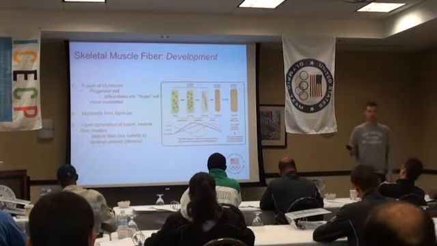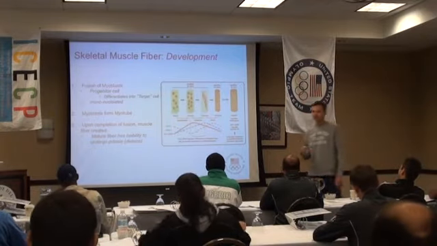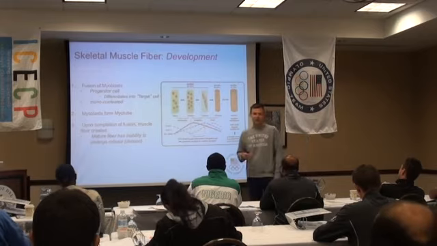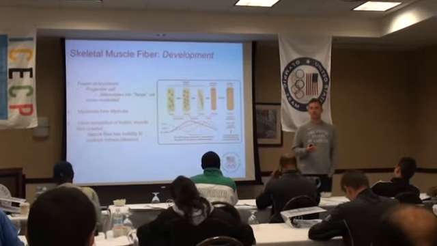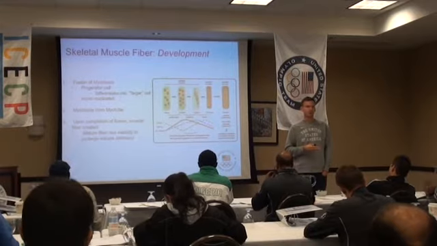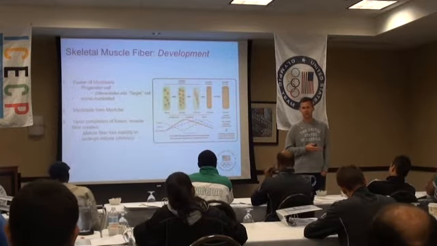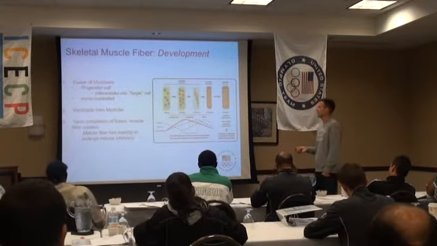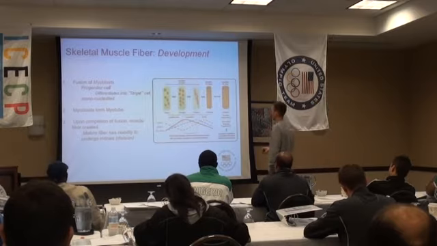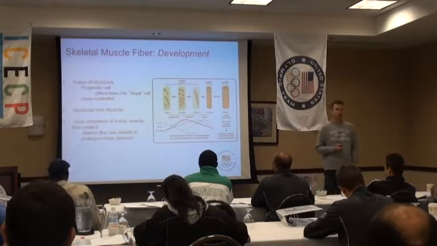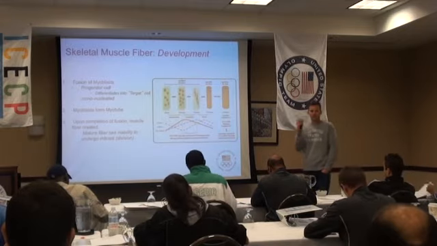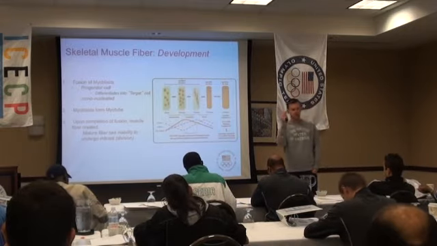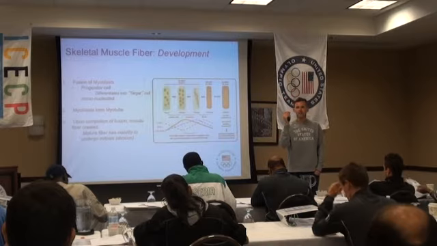Now, this slide represents an entire book. So we're not going to get too in-depth with this at all. I just want you to understand when we talk about why a muscle cell is multinucleated and how do we restructure a protein after exercise, it all starts here. So the birth of a muscle cell. We start off with these things called myoblasts. Myoblasts are these little proteins that don't have a specific definition. They can do different tasks.